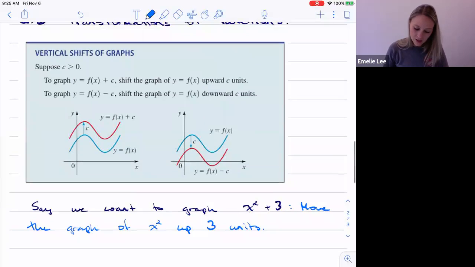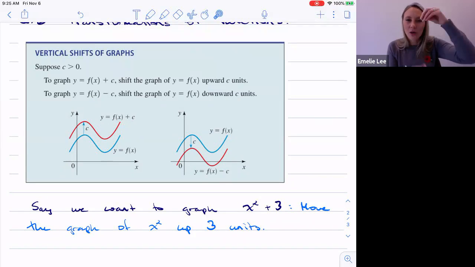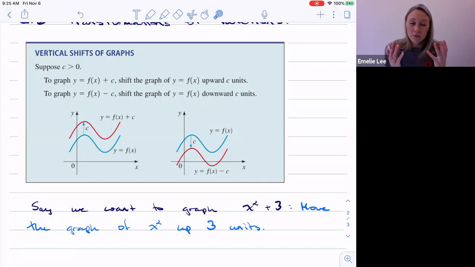Same thing if you have f of x minus c, then it moves it down c units. It's got this handy little picture, where the blue is the original graph f of x, and then you figure out if you have to move it up or down c units. Vertically, so up and down, graphs behave the way that you assume they will.